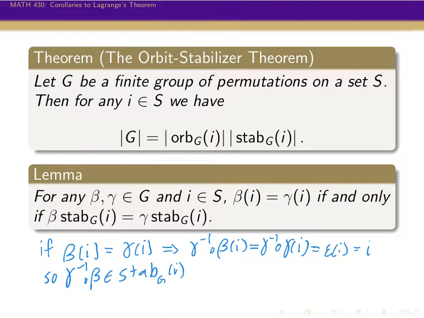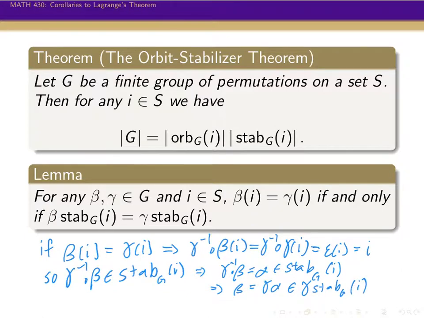And so then this means that gamma inverse of beta is equal to some alpha in the stabilizer. And so then beta is equal to gamma alpha. And so it is inside gamma times the stabilizer.